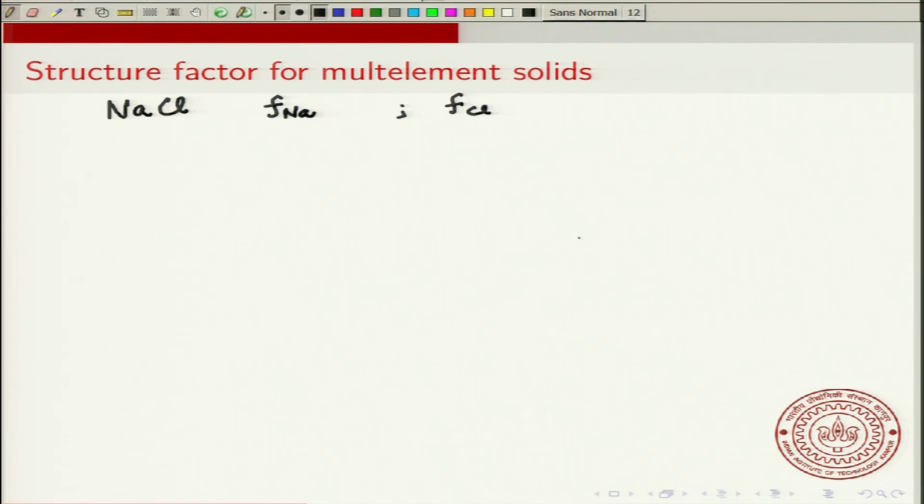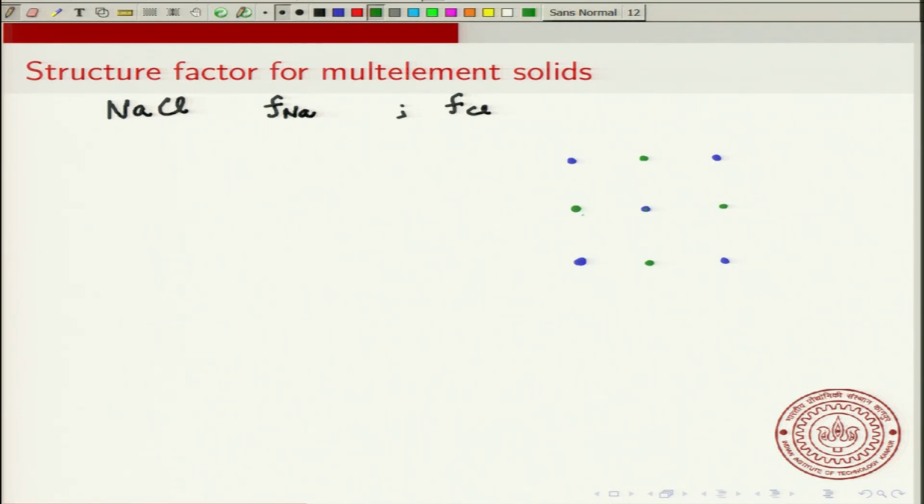let me draw the structure of NaCl. I will draw Na atoms in blue. The sodium atoms will form a face centered lattice, and let me put the chloride ions. The chloride ions will be at the edge centers and also located at the body center.